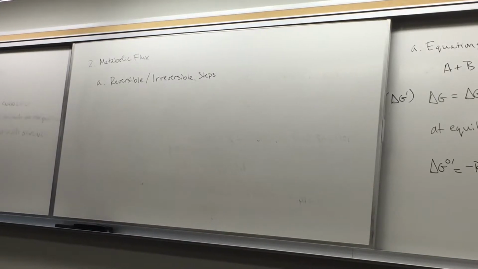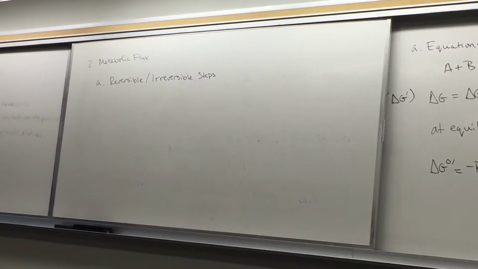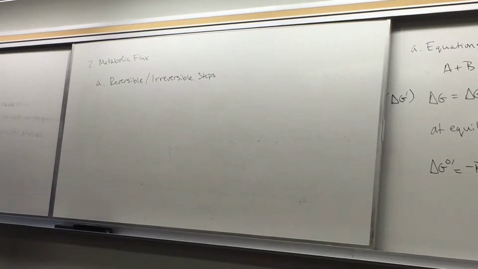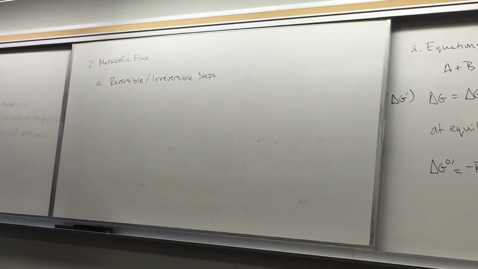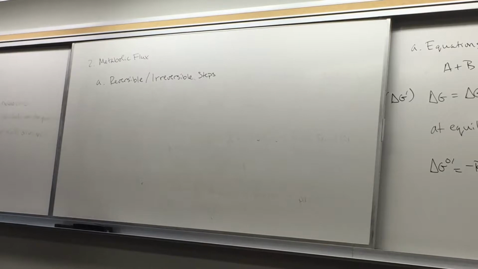That is your first big hint as to whether or not something is a reversible or irreversible step, and also it's your second big hint as to where you are likely to see regulation. So do you guys think you're going to see a lot of regulation on freely reversible steps? Where are we going to see the regulation? On those irreversible steps. Okay, those steps that go only to product.